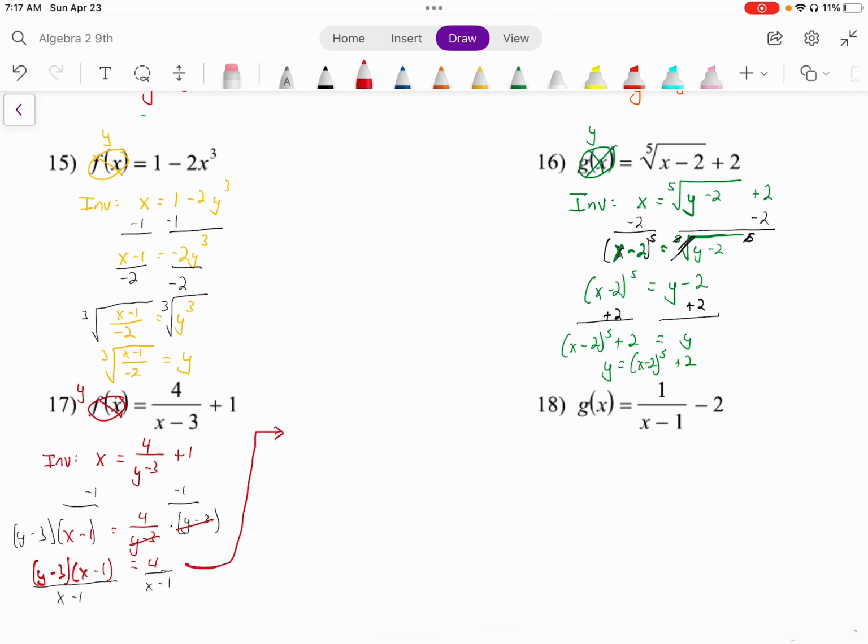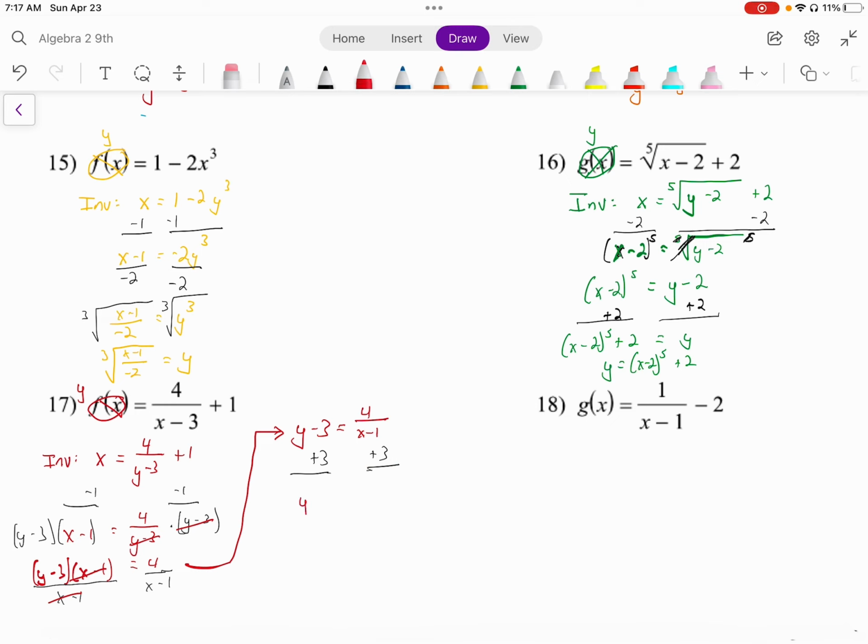And that is going to leave us with, so the x minus 1 cancels. Over here we have y minus 3 equals 4 over x minus 1. And then lastly, we can just add 3 to both sides. And that's how you do number 17.